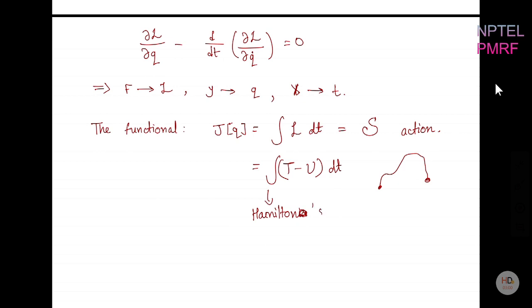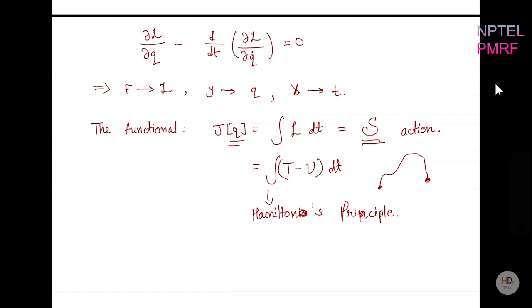Hamilton's principle states that the real trajectory that takes place in space is the one that minimizes the action. By the way, this was the taking off point for Feynman to develop the path integral formulation that he did for quantum mechanics. So in case you study that in future, keep this in mind.